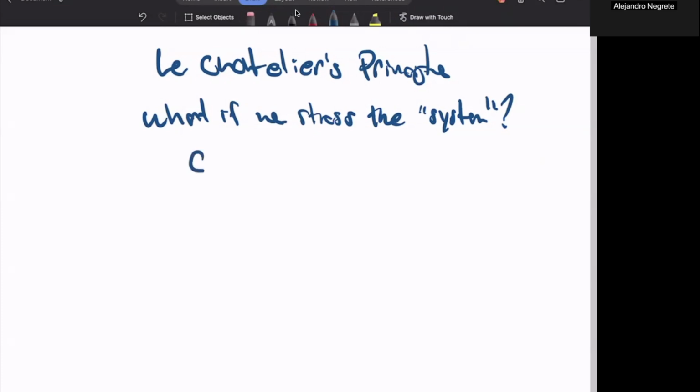So what if Q is not equal to K because we've done something to it? Maybe we change the concentration of some solution.